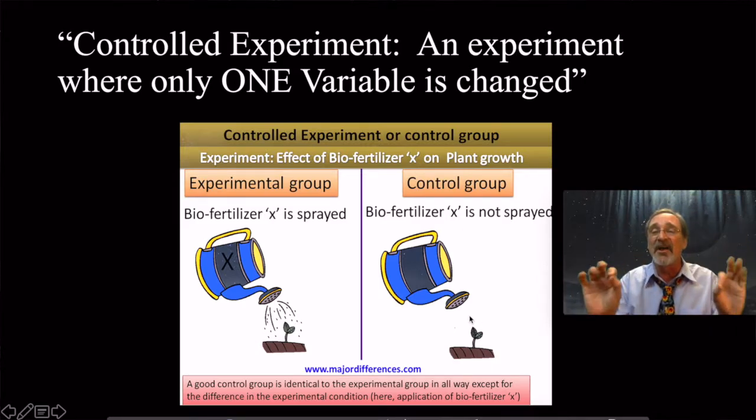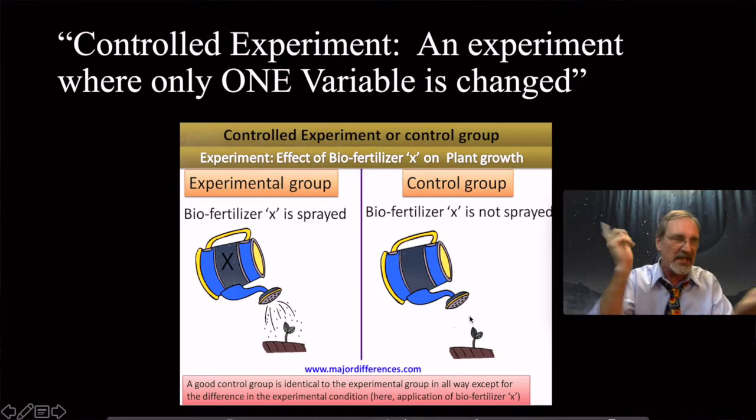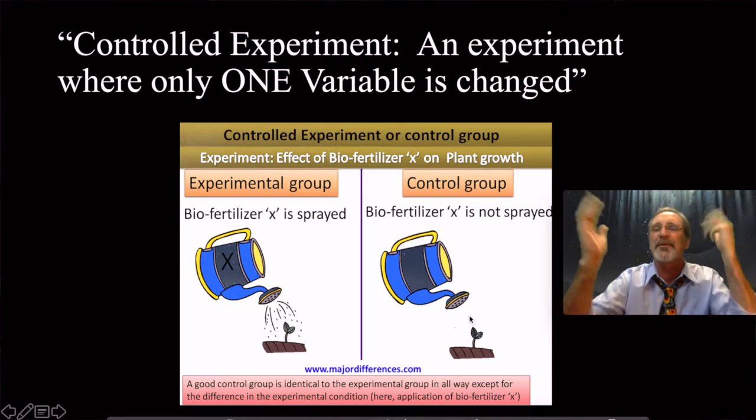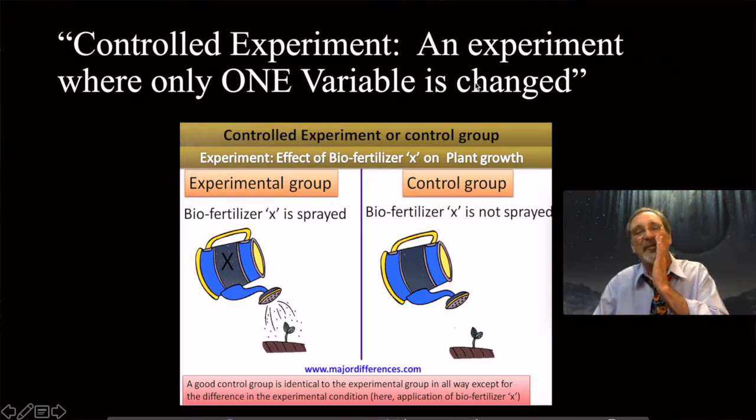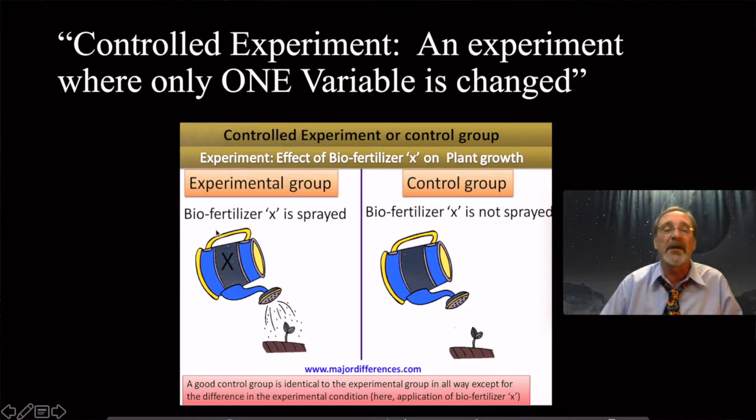Everything else, including the light, the soil, the kind of plant, the random selection, the temperature in the air, the amount of CO2, is exactly the same in both cases, except for the fertilizer. That's a controlled experiment. Only one variable is changed, and that's called the manipulated variable, or sometimes the independent variable. Okie doke.